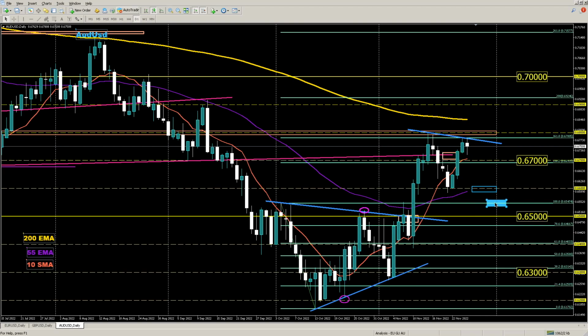This will be the next support zone at the swing high. This will be an intermediate support.